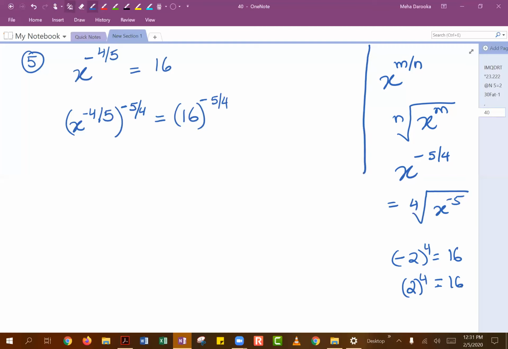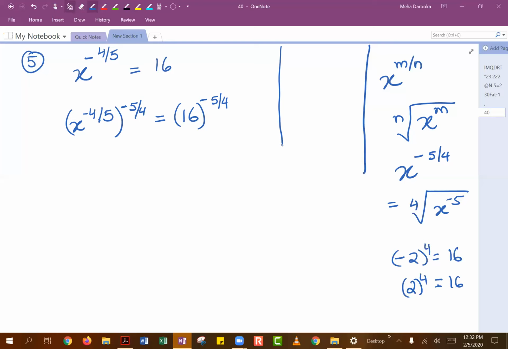Because once you inverted that exponent, the 4 became the denominator, which means I was looking at the 4th root of these numbers. Now on the left-hand side, do you know what the rule is when one base has 2 exponents? So you have x with one exponent, negative 4/5, and that whole thing is raised to negative 5/4. So when you have, yeah, you multiply them, right?